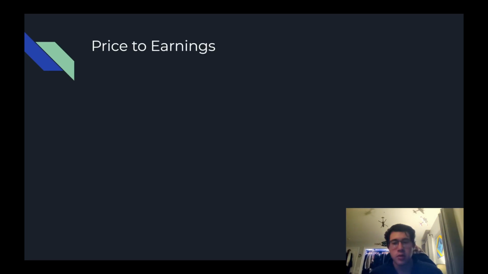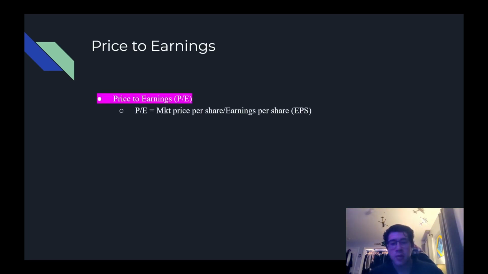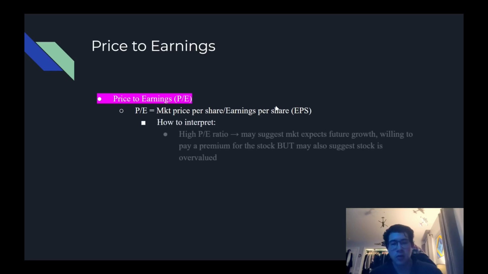Now we can go to the price to earnings ratio. The formula for the P/E ratio we showed in the first slide: market price per share divided by the earnings per share. And how do you interpret a P/E ratio? A higher P/E ratio suggests that the market expects future growth or is willing to pay a premium for the stock.